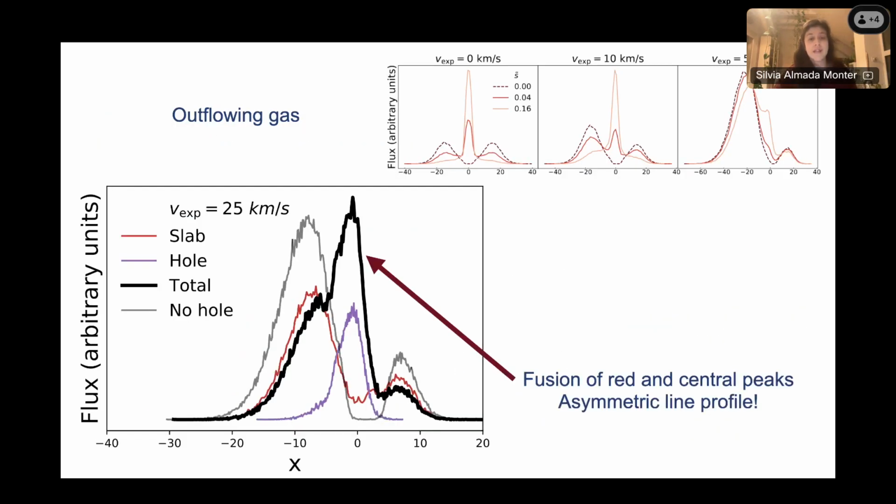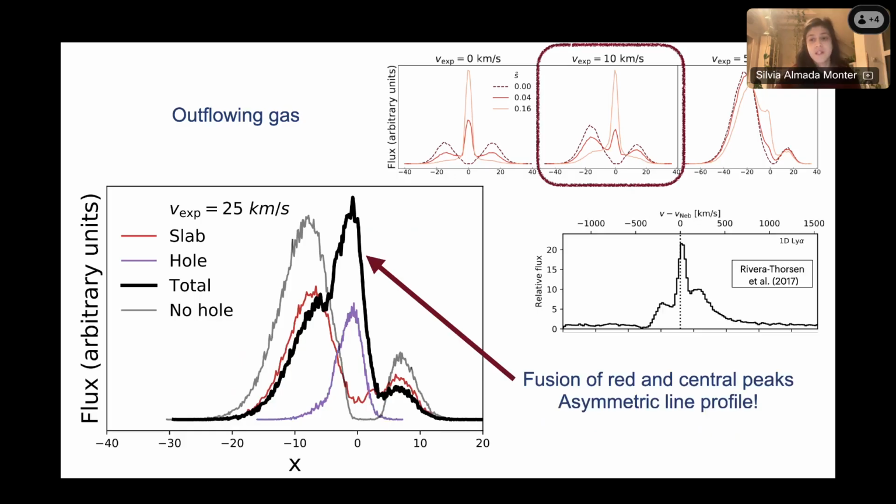We also did the test with some outflowing gas, and we found similarities with the Sunburst Arc, which we are already working a bit on. And we also found that one of the effects of the holes or the channels in Lyman-α is asymmetric line profiles.